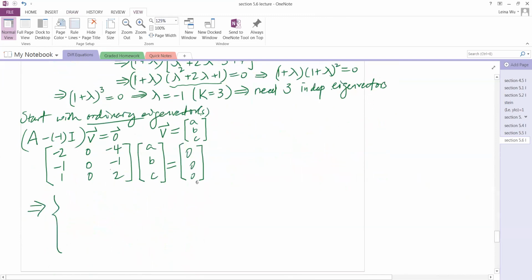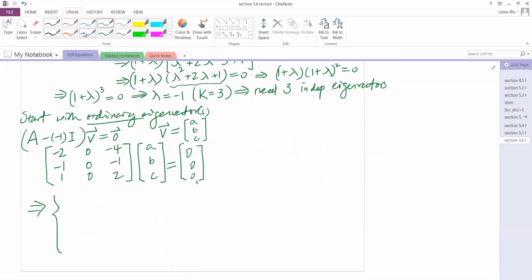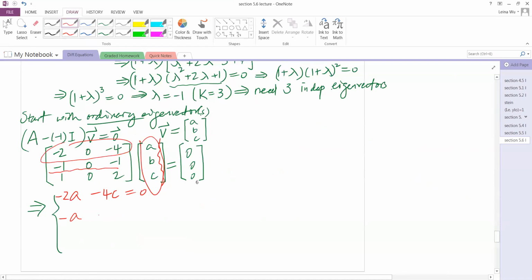Let's go ahead and convert this into a system of equations by doing the multiplication. And you'll see some equations repeat themselves. So -2, 0, -4 times A, B, C gives -2A minus 4C equals 0, right? Secondly, row 2 times this column gives -A minus C equals 0.